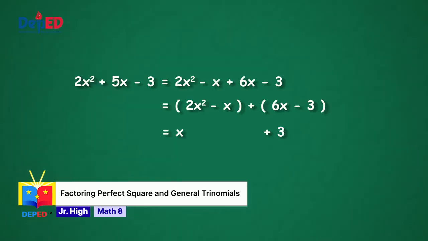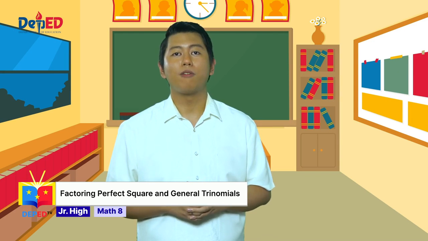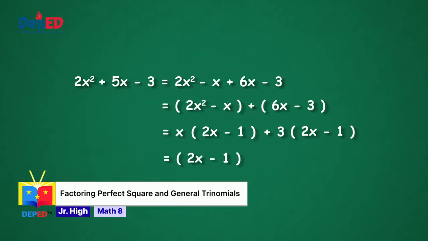This polynomial is now equal to x times the quantity 2x minus 1 plus 3 times the quantity 2x minus 1. Can you now determine the final factored form of 2x squared plus 5x minus 3? The polynomial can be written as the product of the quantity 2x minus 1 times the quantity x plus 3.